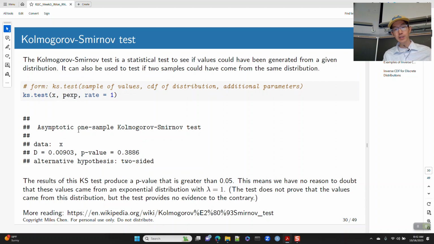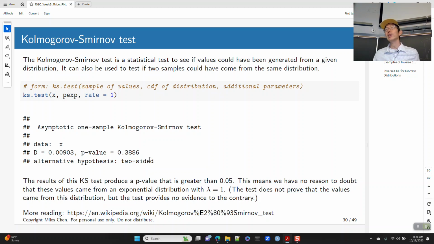And here it says this is the one sample Kolmogorov-Smirnov test. In our case, we want to find no evidence against the null hypothesis. The null hypothesis is that our data comes from this theoretic distribution, and when we run it, we get a p-value of 0.3886.